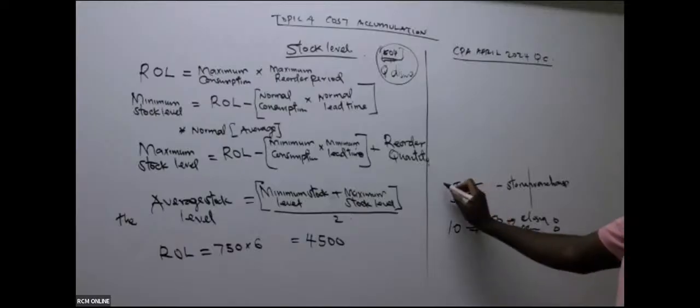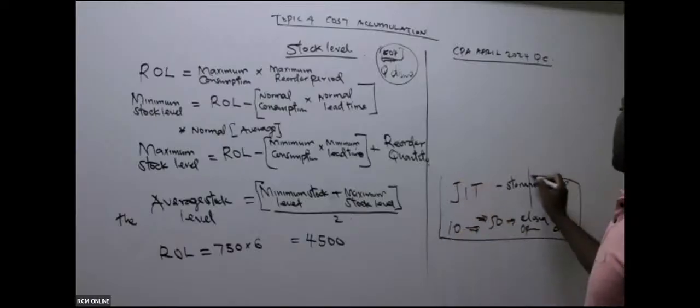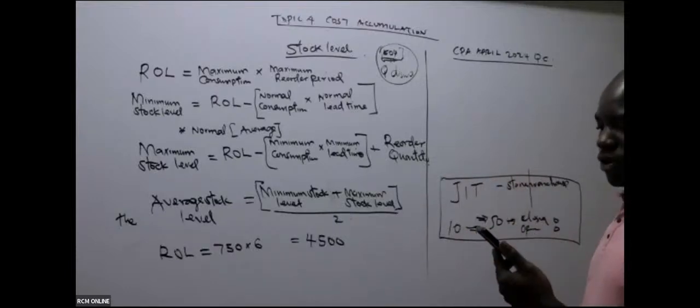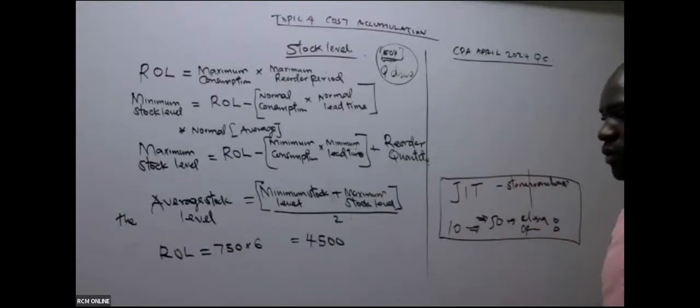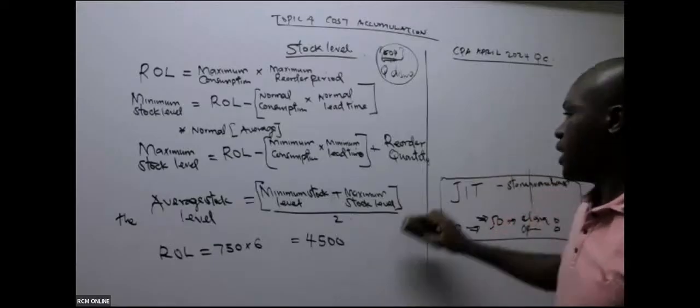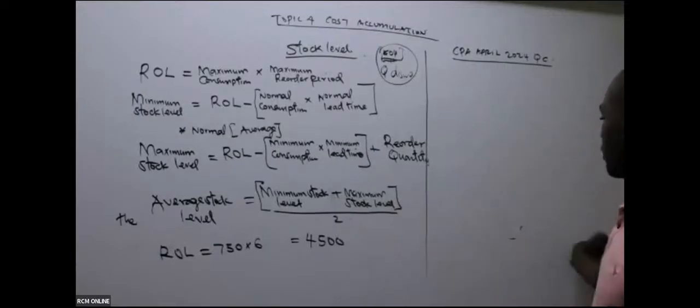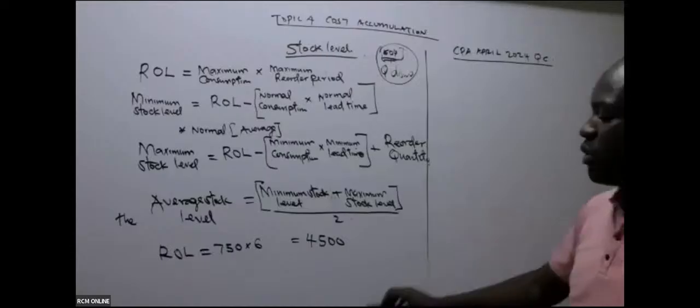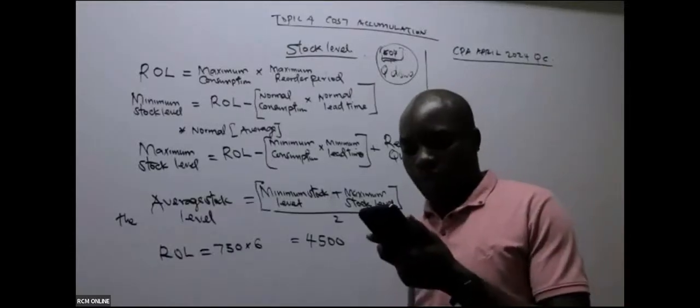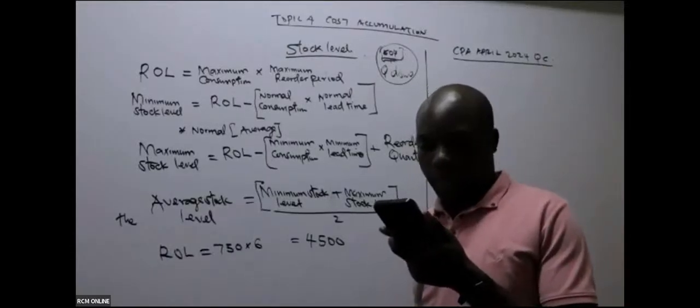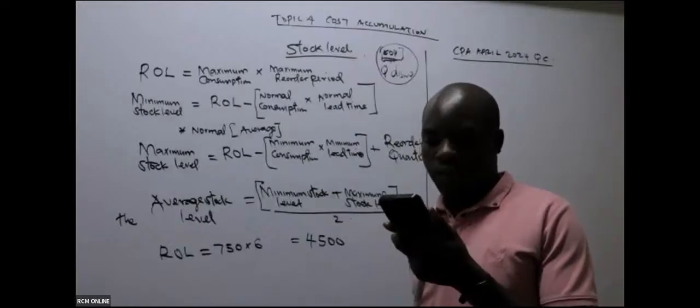Now, the just-in-time operating system is basically telling us that we don't have opening or closing stock. With that information, still revolving around economic order quantity, they're now telling us that the following information is provided.